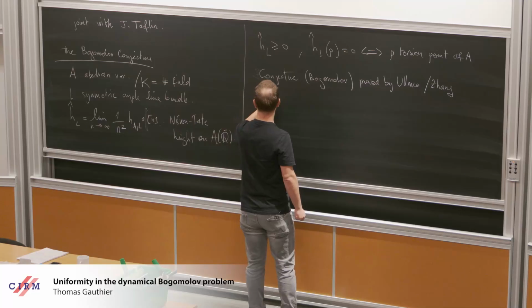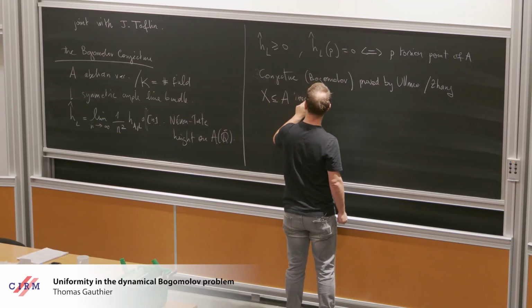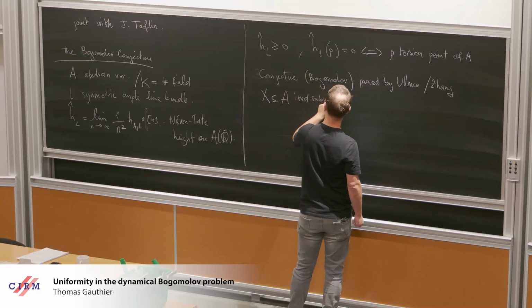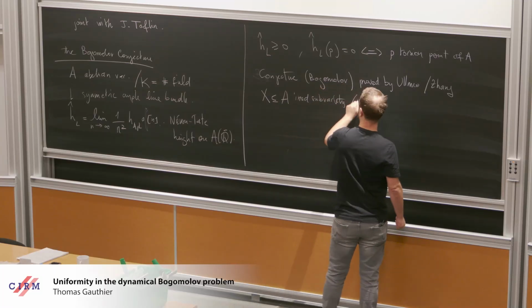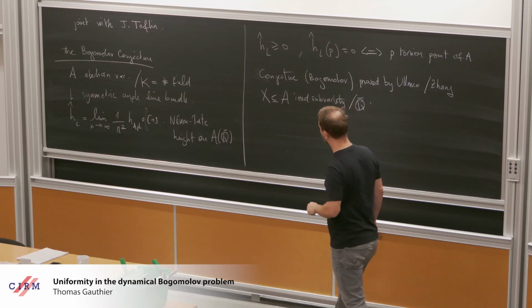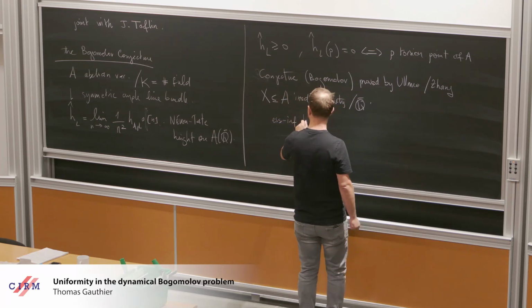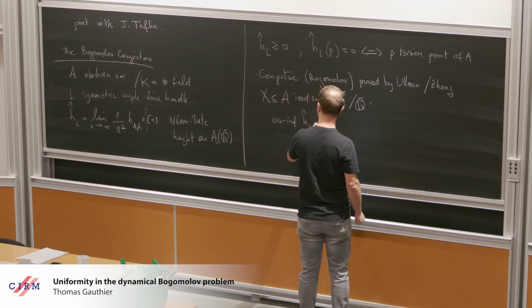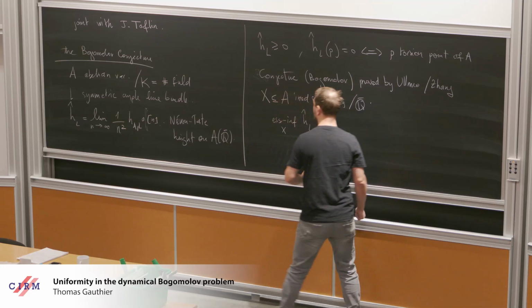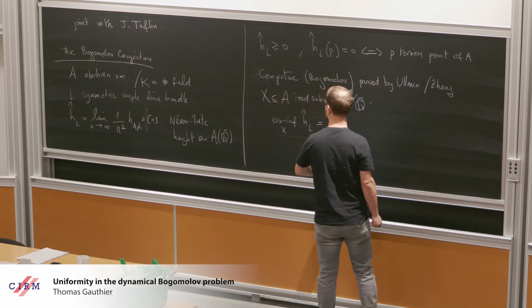We take X to be an irreducible subvariety defined over Q bar. And you want to understand how you can characterize subvarieties for which the essential infimum of the height on the subvariety is 0.